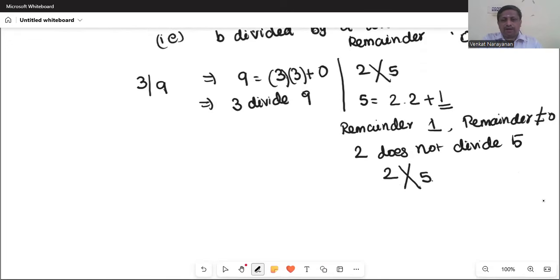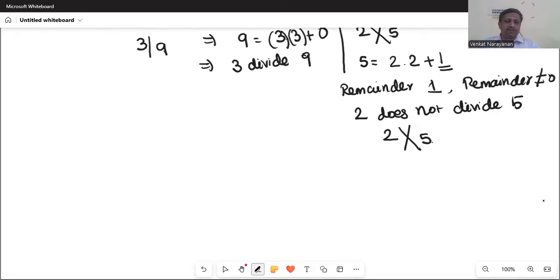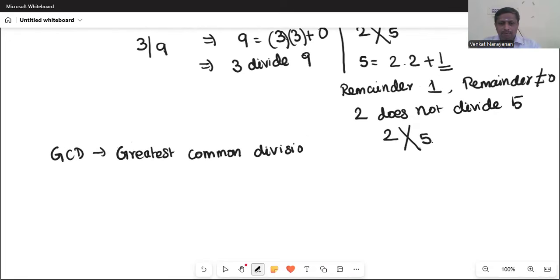Now we come to the next definition: GCD. Everyone knows about the GCD, the greatest common divisor. Suppose a and b are two numbers.